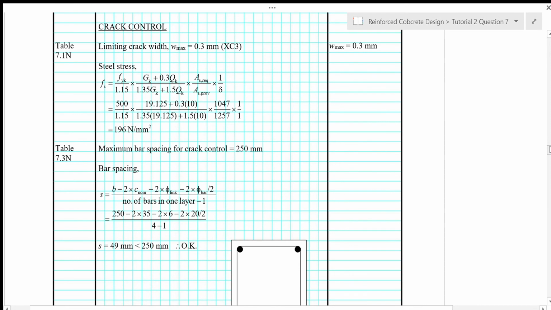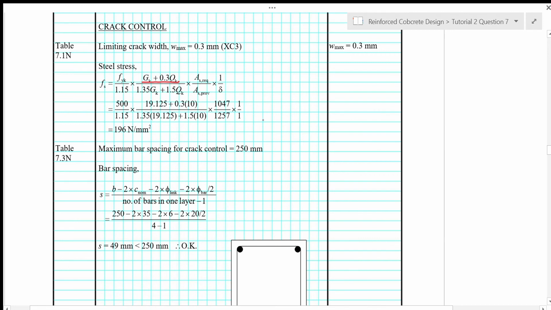For crack control from table 7.1n, we have limiting crack width is 0.3 mm for exposure class XC3. After that, we calculate the steel stress by assuming that we have a quasi-permanent load at serviceability limit state. So we have Gk plus 0.3 Qk as our quasi-permanent load.